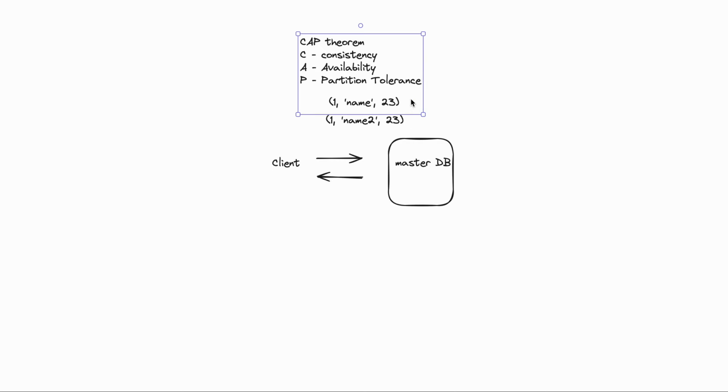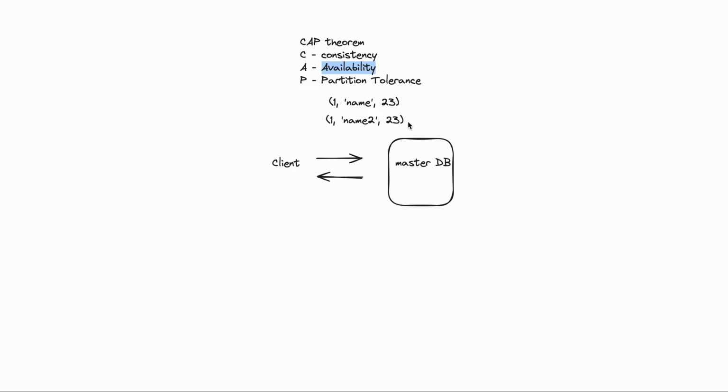First is an insert, second is an update. After that it will read the data from the DB and it should read this data. This is the most recent data that is written into the DB. The client has to get this data, not the old one. If the client is able to read this data, we can consider our system consistent, so our system has achieved consistency. Consistency is that when we write the data and we read the data, we should read the most recent data. That's what consistency is.